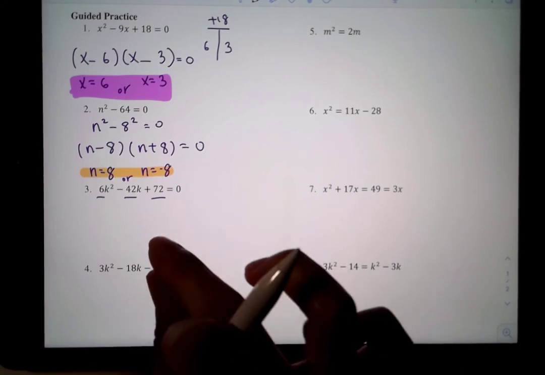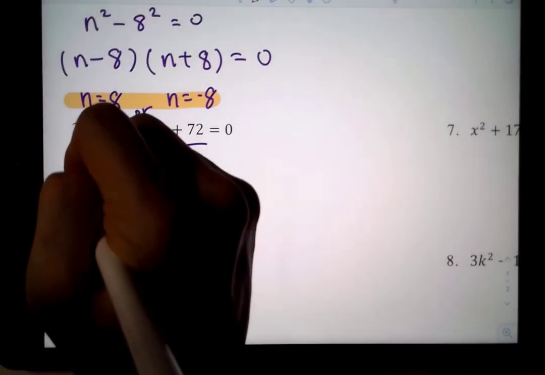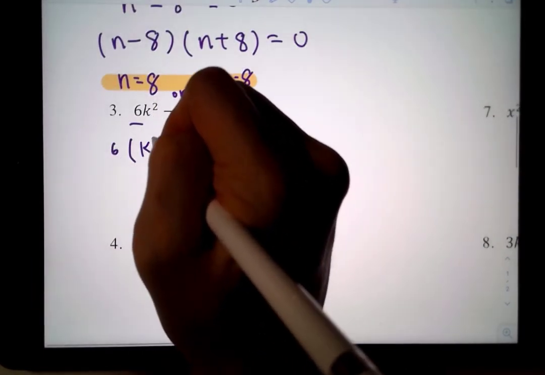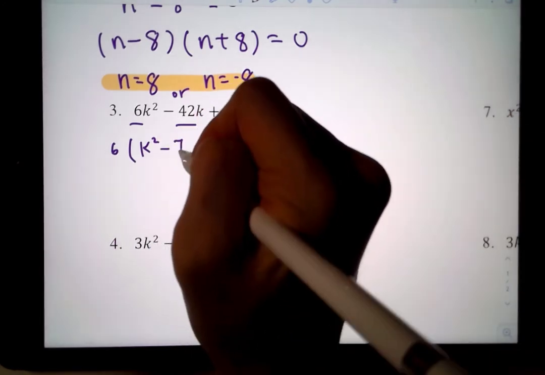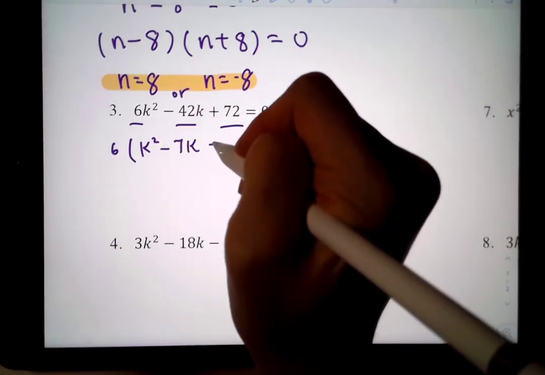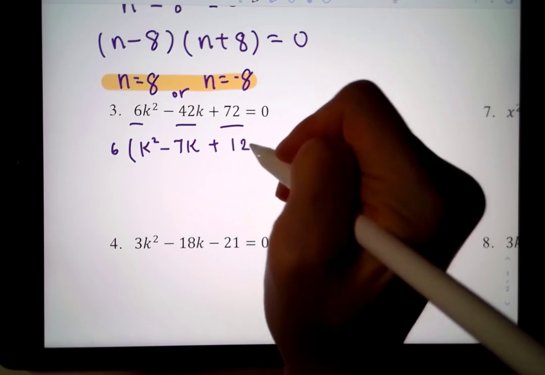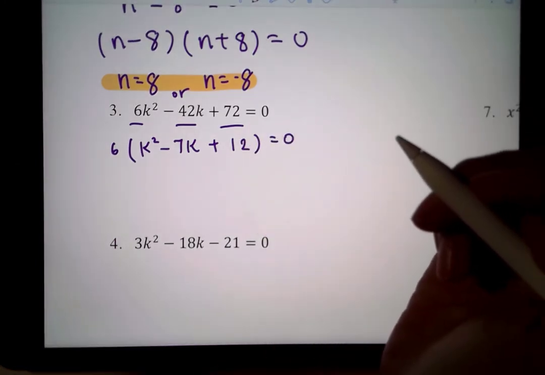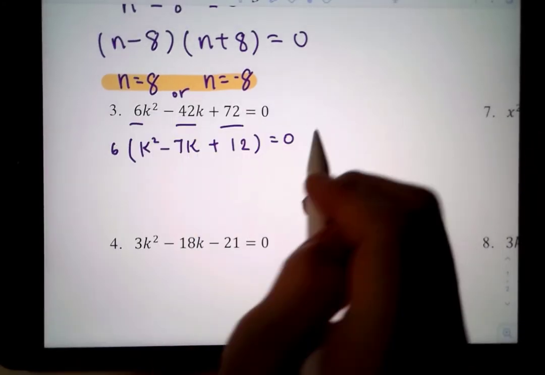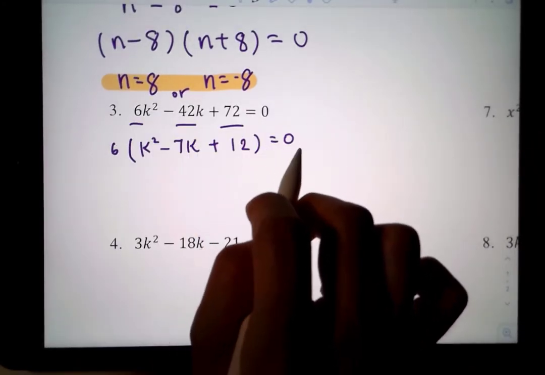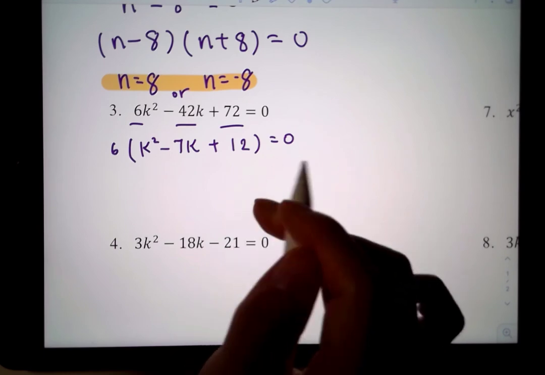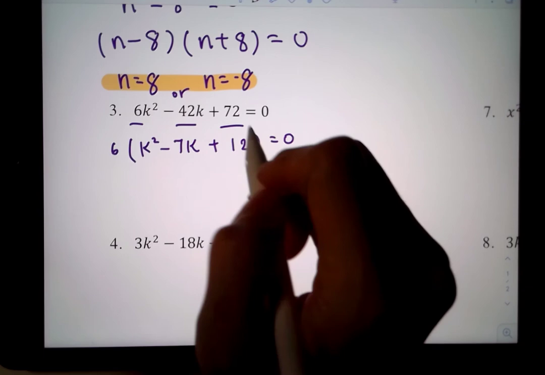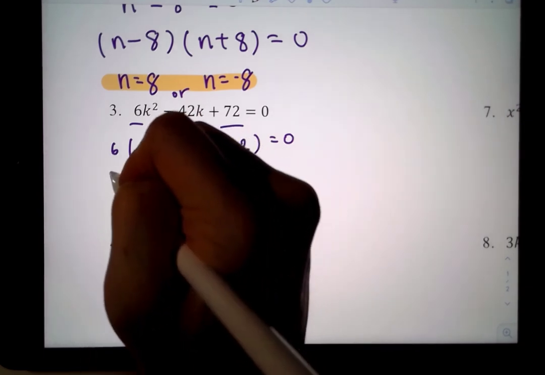So I'm going to factor by 6. 6 times k squared minus 7k plus 12. And actually, you can divide it by 6 because you have 0 on the other side. So you can do that. But this time I'm going to leave 6 like that. And then we will factor the inside, right?